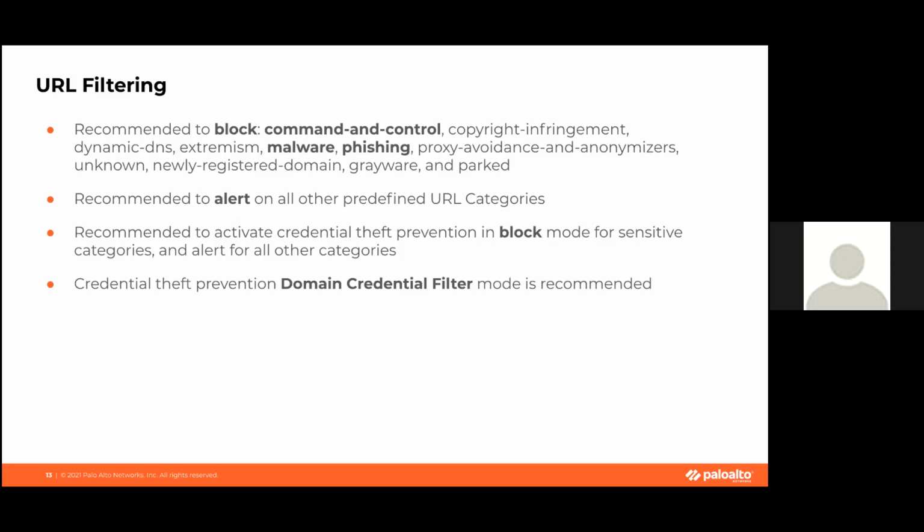That was what we recommend around categories, but credential theft prevention actually has 3 different modes of operation. I'll spend some time talking about that as well. In the first mode, the credential theft prevention will use user IP mapping and will try to detect if the user is trying to send their corporate username out. This mode is fairly simple to implement because it only relies on user to IP mapping.